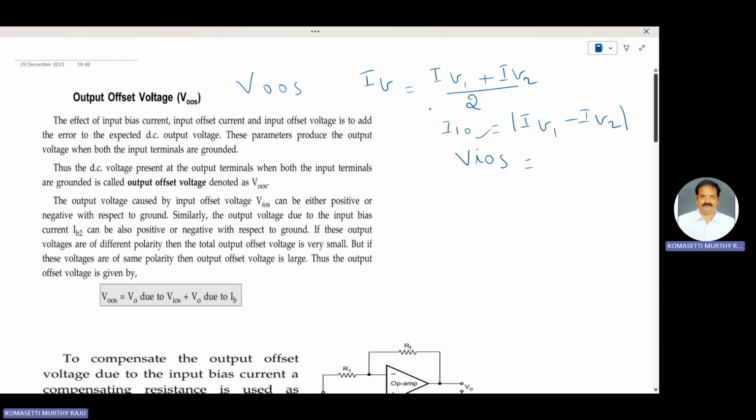Because of these three, input bias current, input offset current and input offset voltage, an error is added to the expected DC output voltage. These parameters produce an output voltage even when both the input terminals are grounded.